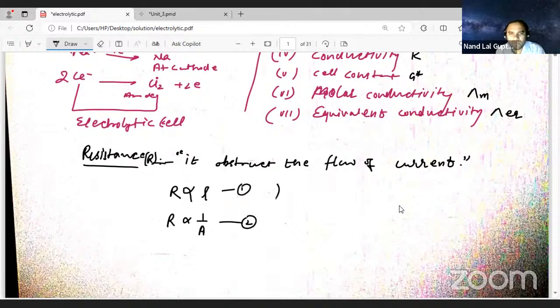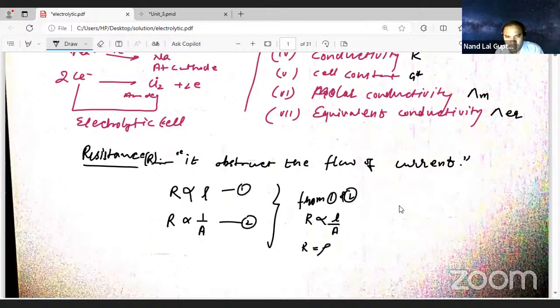If I merge these equations, from 1 and 2, R is proportional to L by A. Removing the proportionality, R equals rho L by A.